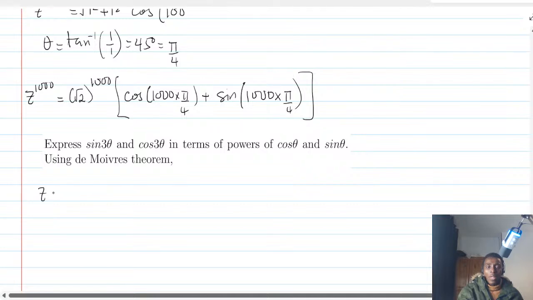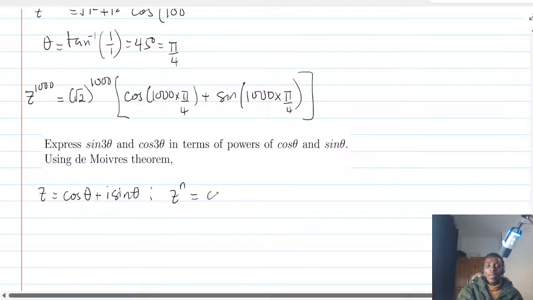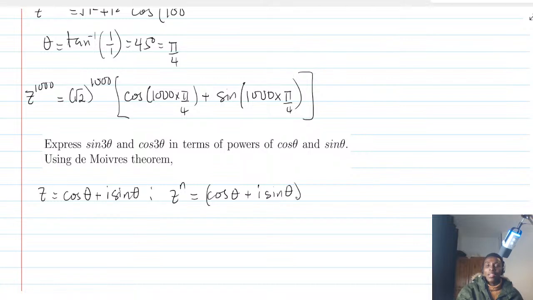We know from De Moivre's theorem that whenever I have cos theta plus I sine theta, and let's say z raised to the power n, this is the same as cos theta plus I sine theta raised to the power n.